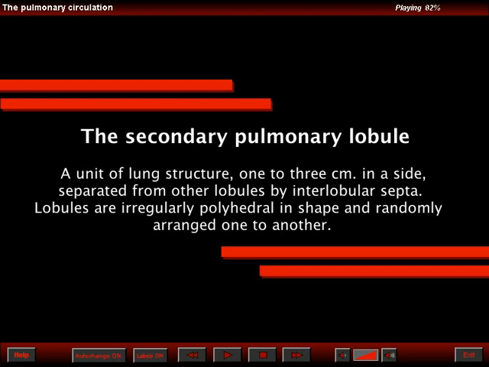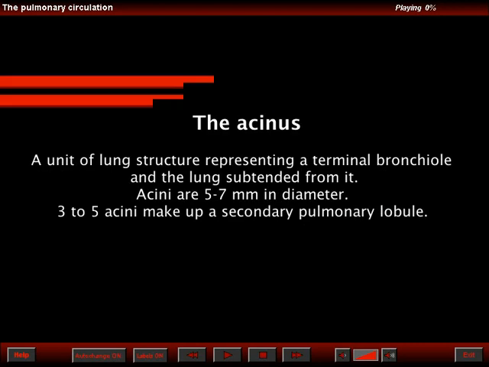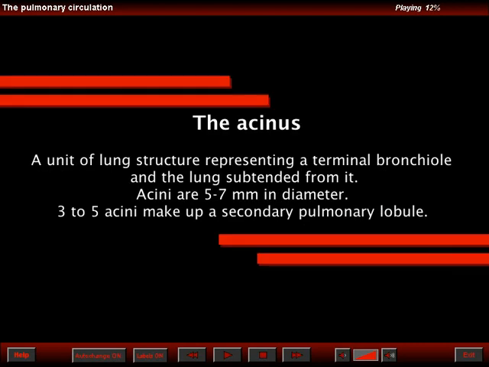Lobules are irregularly polyhedral in shape and randomly arranged one to another. The acinus is a unit of lung structure representing a terminal bronchiole and the lung subtended from it. The acini are 5 to 7 millimeters in diameter, and there are 3 to 5 acini per secondary lobule of the lung.